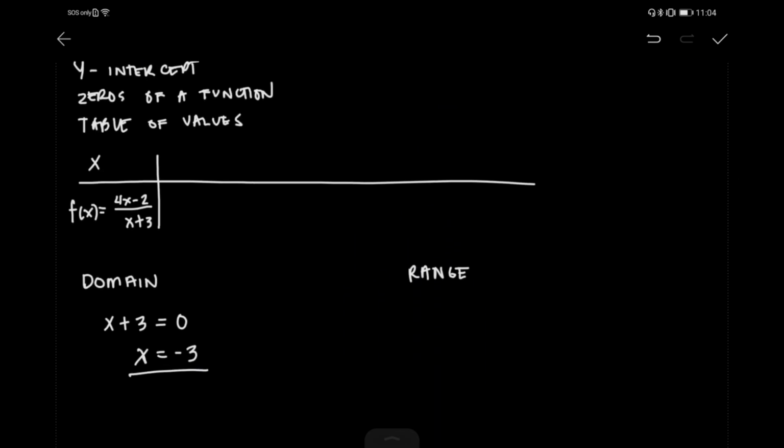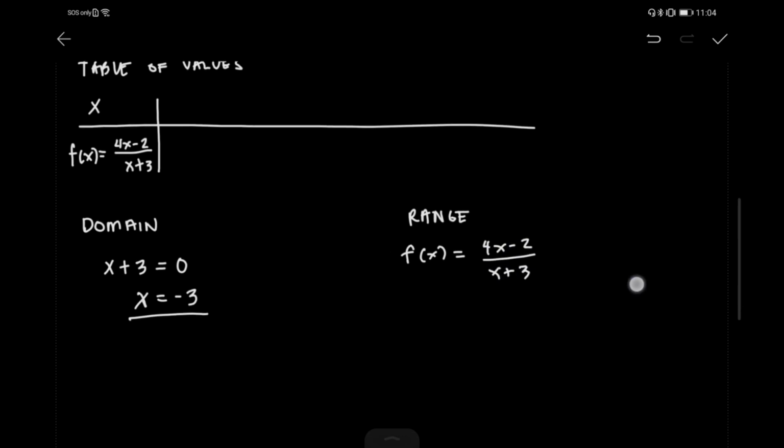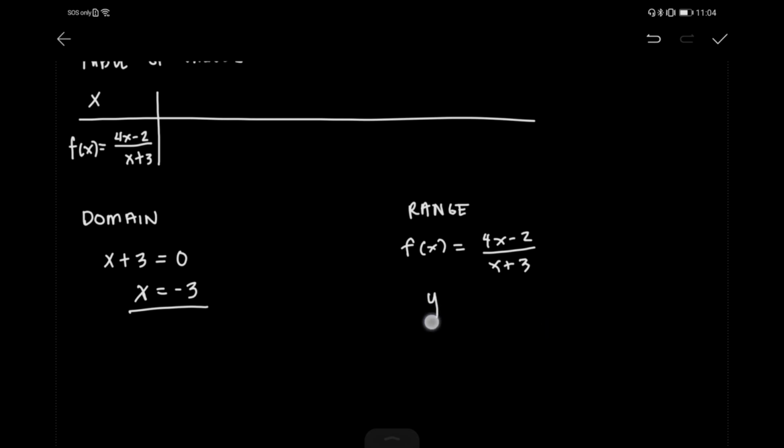Then, para makuha naman yung ating range naman, so we have here our given f of x is equal to 4x minus 2 all over x plus 3. So the first step that we are going to do, change natin sa y yung f of x, bring down ang 4x minus 2 all over x plus 3. Then change natin si x and y.